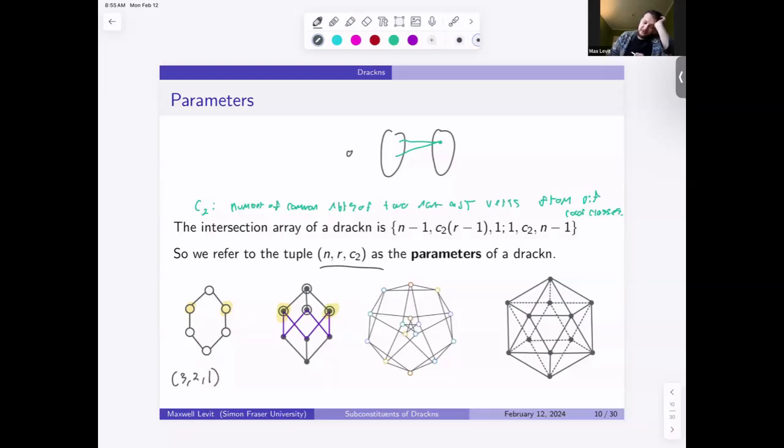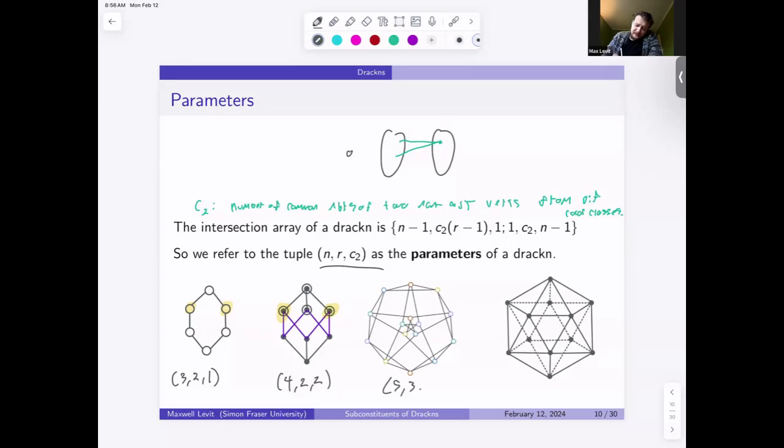It's a 2-fold cover of K3, in which any pair of non-adjacent vertices from different fibers have 1 common neighbor. This one is a 2-fold cover of K4. That's this 4 and this 2. Non-adjacent vertices from different fibers have 2 common neighbors. So that's C2. This one is a cover of K5.